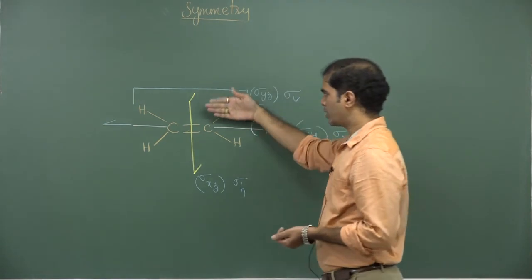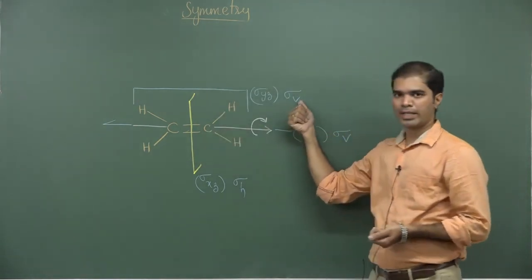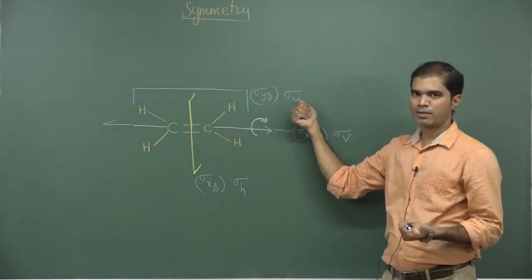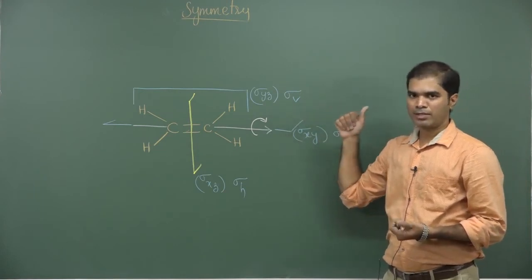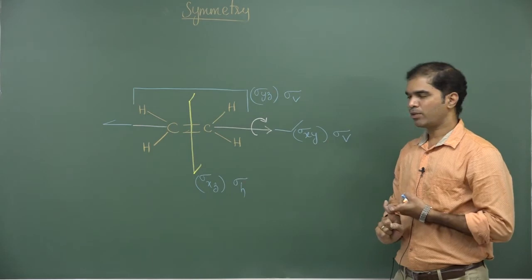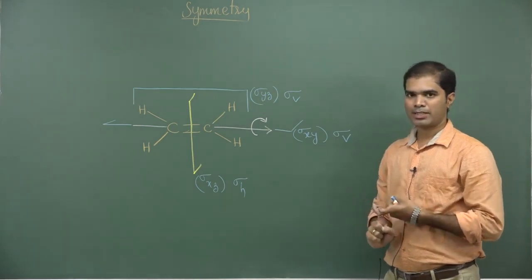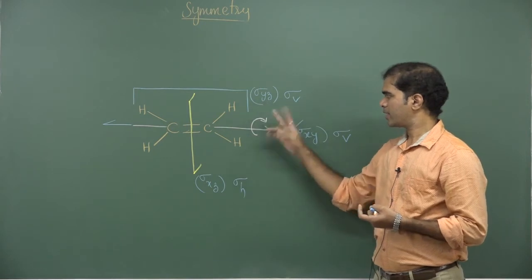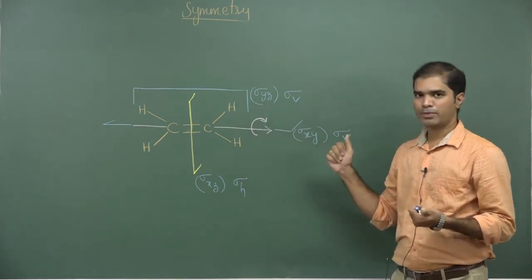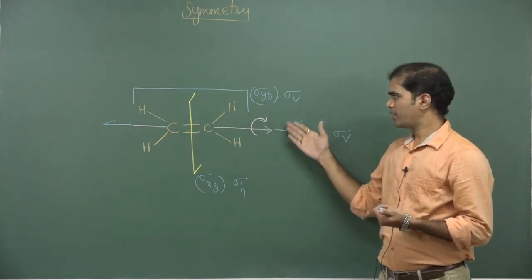In this case the molecular plane is a vertical plane. In case of water molecule it is a vertical plane. In case of BCl3 it is a horizontal plane. So don't try to correlate the molecular plane to sigma v or sigma h. Finally, instead of the sigma xy, xz, yz representation, it is better for you to go by sigma v or sigma h.